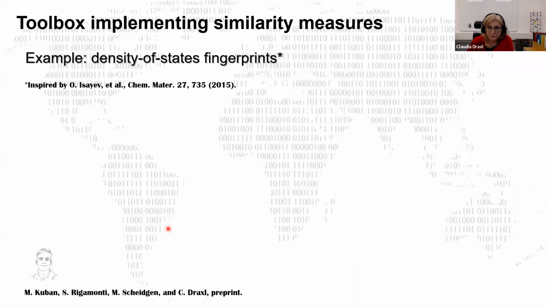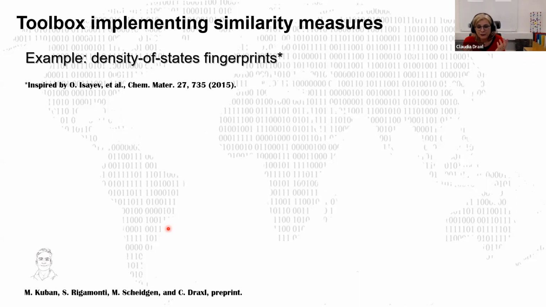Now, this brings me back to similarity first. So why similarity? I mentioned before that we would like to find materials that are similar to each other in one way or another. For instance, all of them share the property that they can become superconductors, or all of them share the band gap, or whatever.